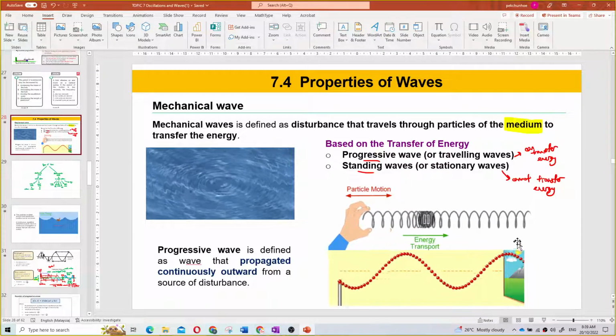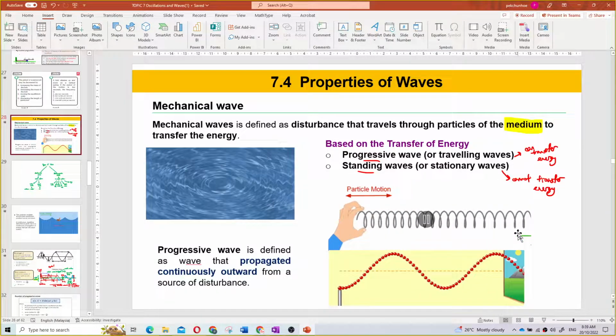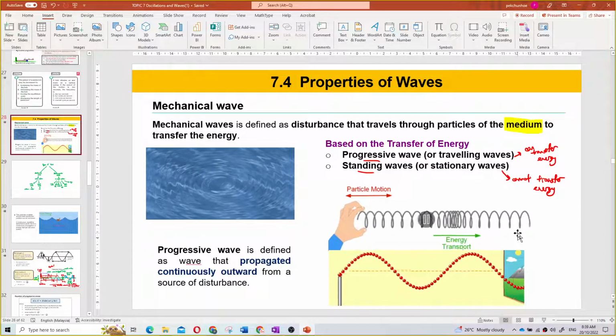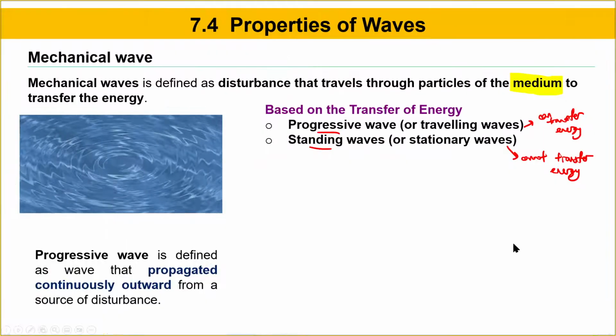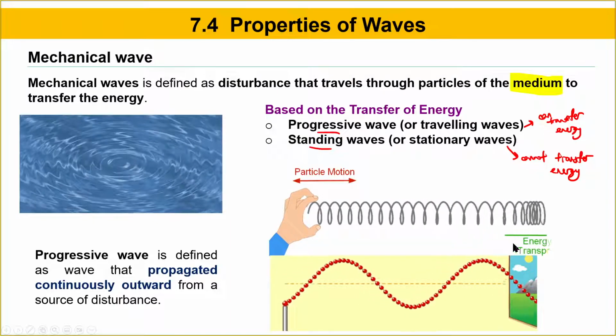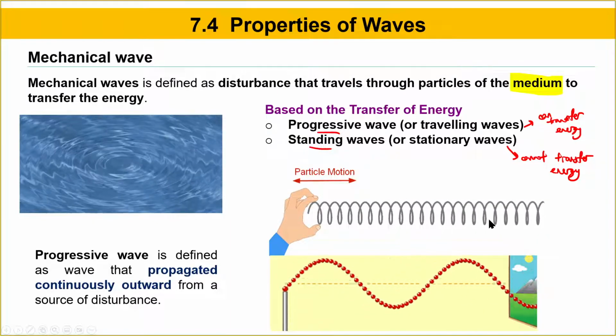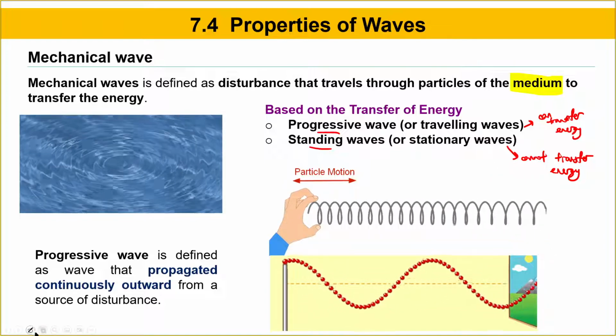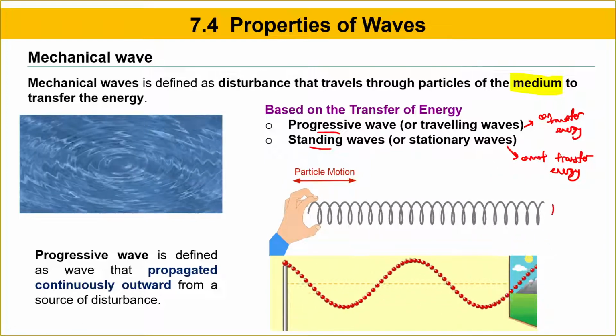So there are two types of wave: one is called transverse wave, and the other is called longitudinal wave. Now I'm trying to tell you about the oscillation of particles.